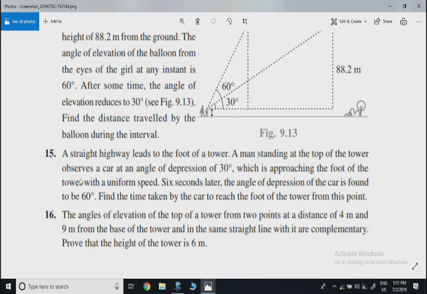Use the concept of complementary angle in this one also, because you will require that concept over here.